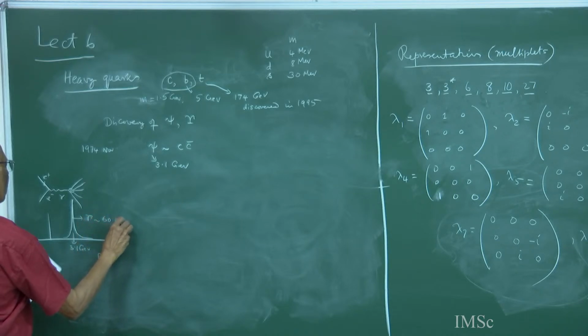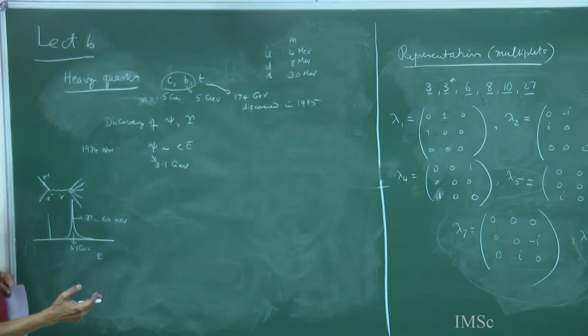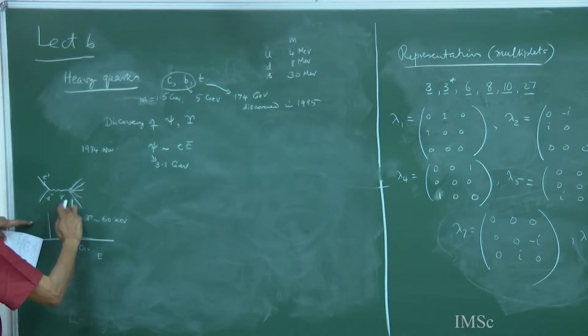Remember, it is not MeV. Such a heavy particle will have many decay channels. Remember, delta itself had a half width of 100 MeV, and when you go to this much energy, I would expect it to be about 1000 MeV, about 1 GeV width.